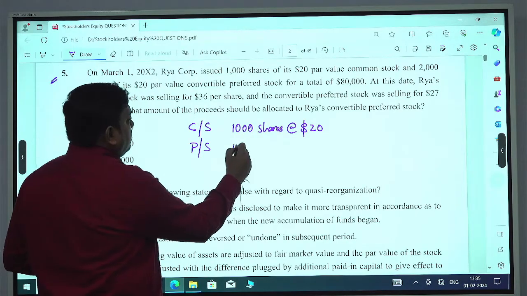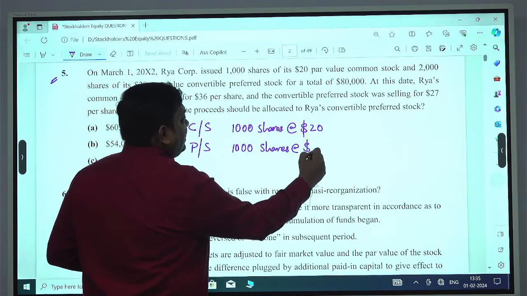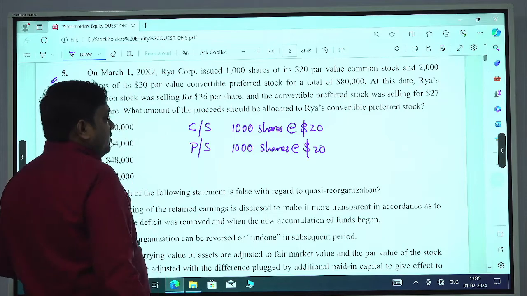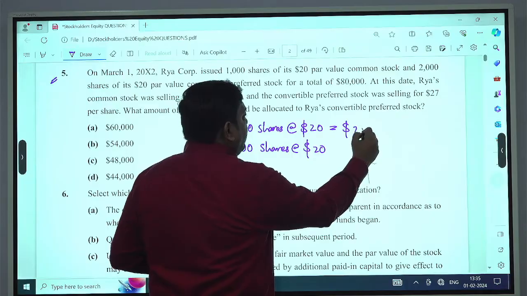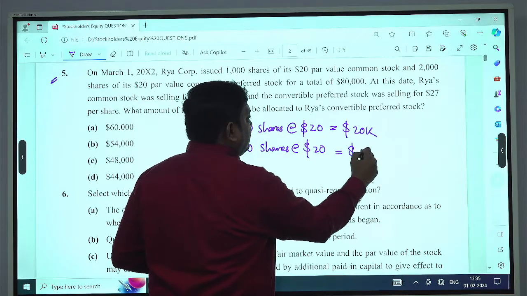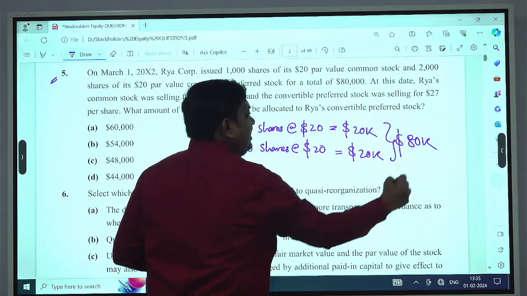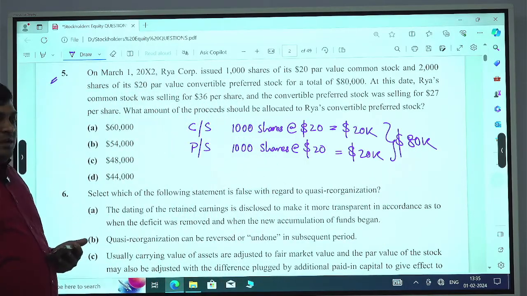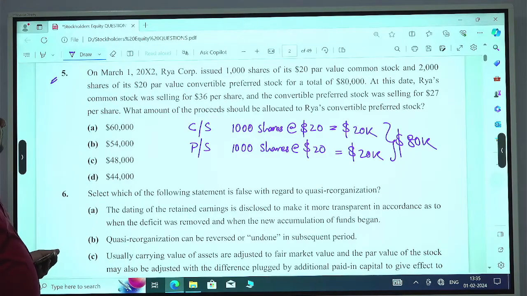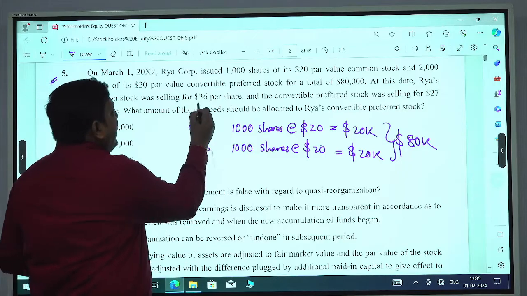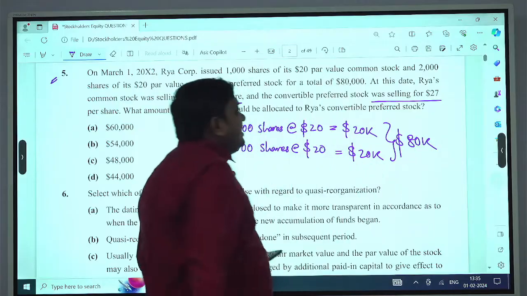Preferred stock, 1000 shares at the rate of $20. Now if I see the par value, it is coming to 20k, it is coming to 20k. So total consideration is 80k. It means what is the additional paid in capital? 40k. Currently this is selling at 36 per share and this is selling at 27.